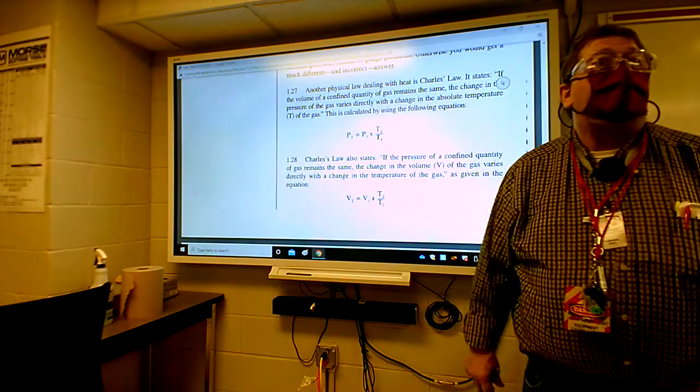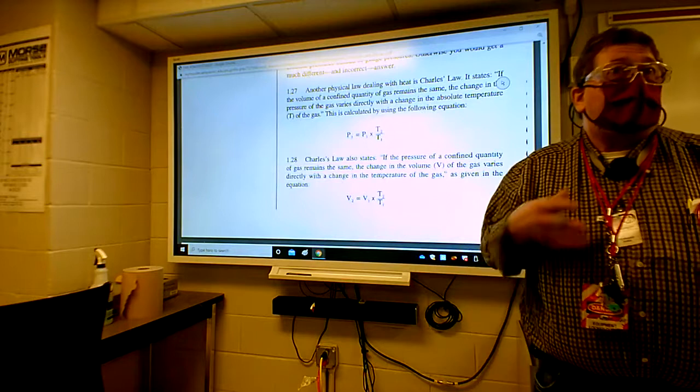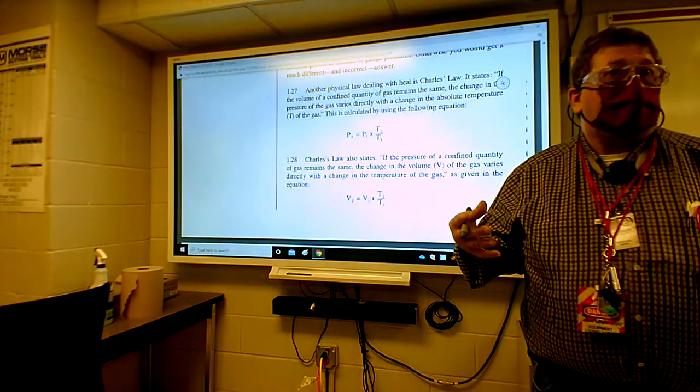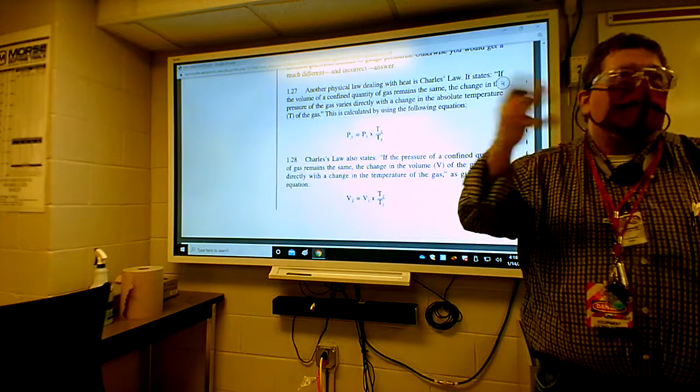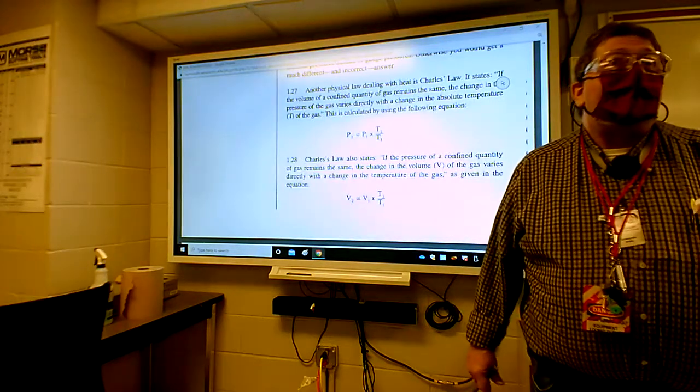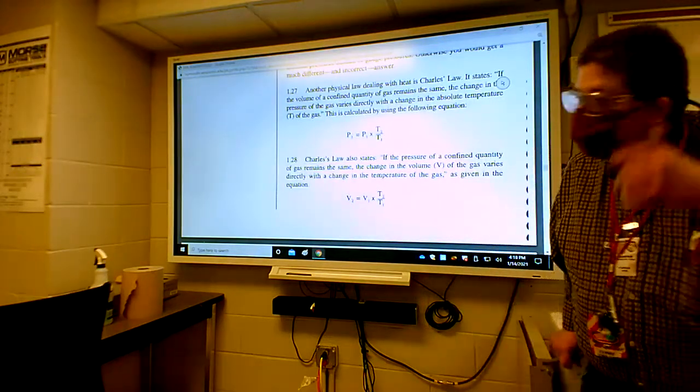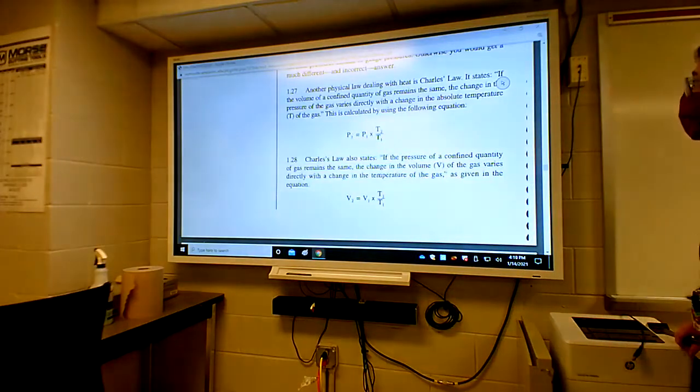Now that could go up, say, for a balloon, a flexible thing that actually can go up in size. But that's not realistic for a car tire, because the pressure changes. We're saying that if the pressure remained the same but the temperature went up, then the vessel would get bigger.